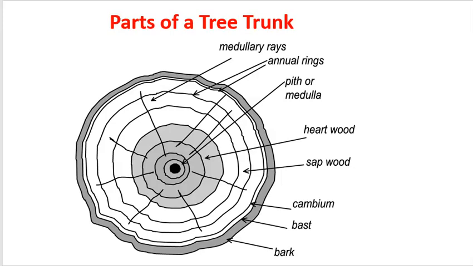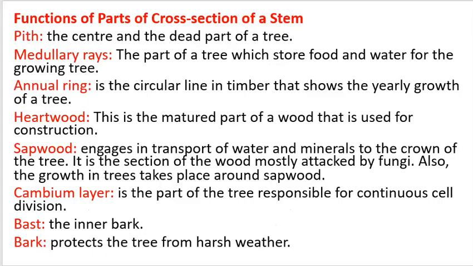So these are what you see when you look at its cross section. You have medullary rays, annual rings, pith, or you call it medulla. We have heartwood, we have sapwood, we have cambium, we have bast, and we have bark.